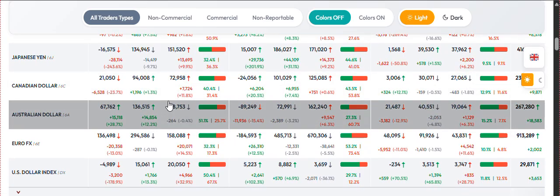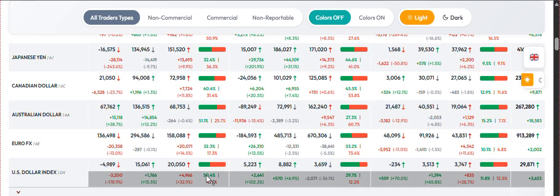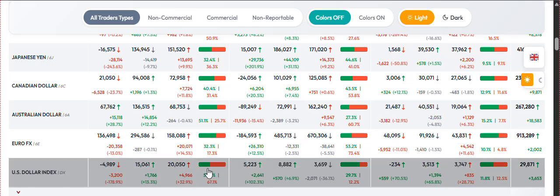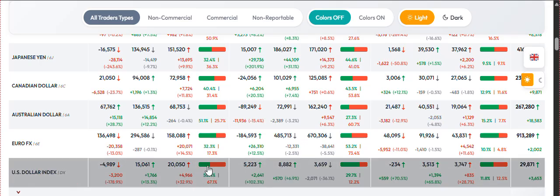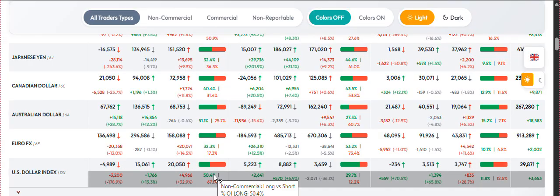When you look at the dollar, you notice that it is also recovering from its own shock. We have around 50.4 longs and 67.1 shorts. Understand? It's really recovering.